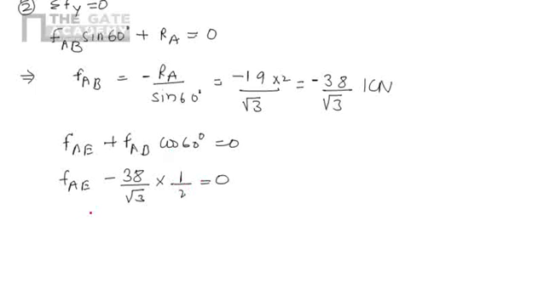So here we will get the value FAE equals 19 by root 3 kilonewton, and the sign is coming positive. So we have solved for one case. Here we identify the joint where the number of unknowns are 2 or less than 2. So that's why we choose A first.